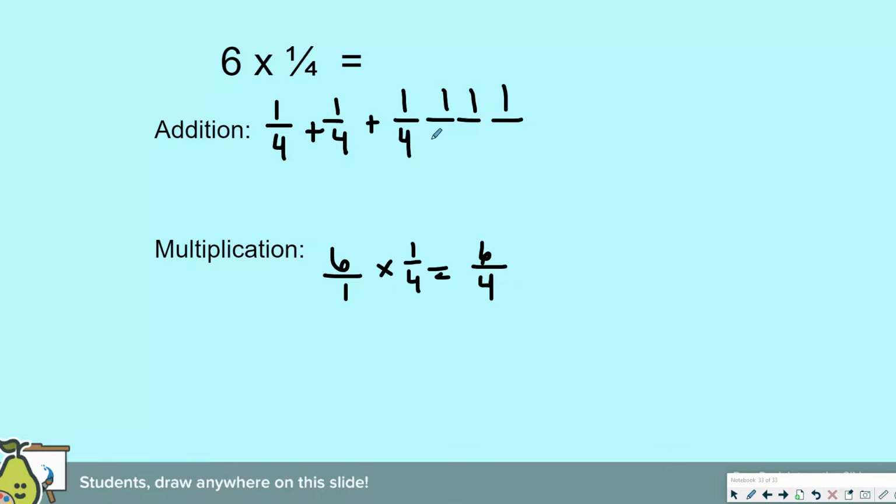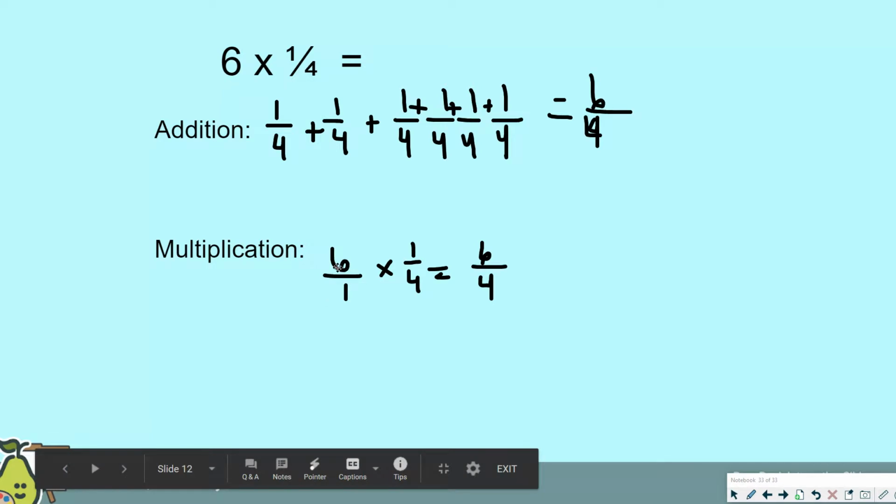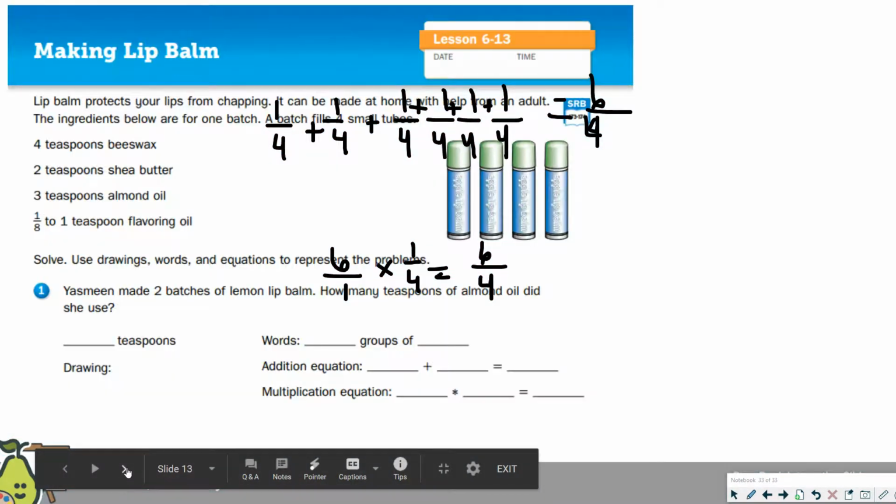Do it like that, with my addition sign in between each one. 1, 2, 3, 4, 5, 6. And I know with addition, my denominators stay the same. So I still have 6/4 there, okay? So I could show it to you in either way. The multiplication strategy is simpler, but I could write it out as an addition problem as well.